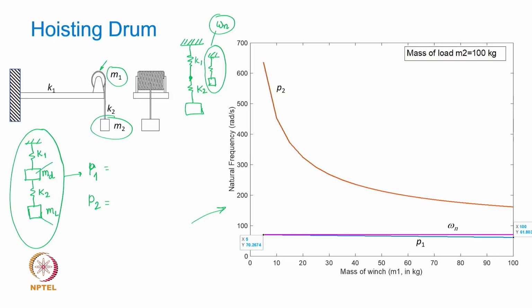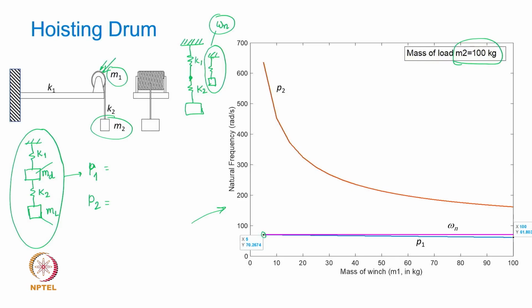Okay, for the sake of convenience, I am keeping the mass of the load constant at 100 kg. Okay, the load mass is, let us say, 100 kg, and I start increasing the mass of the drum from, let us say, 5 kgs onwards.